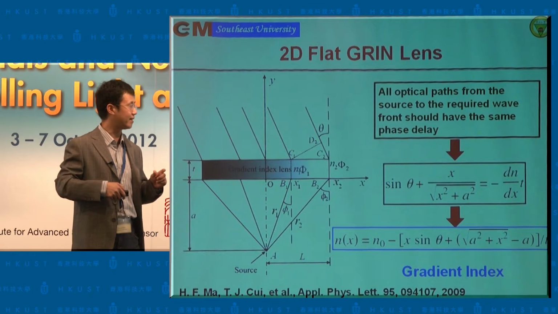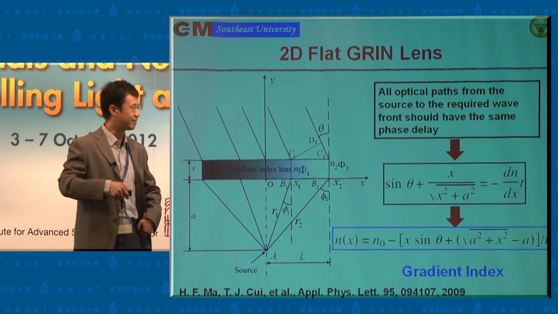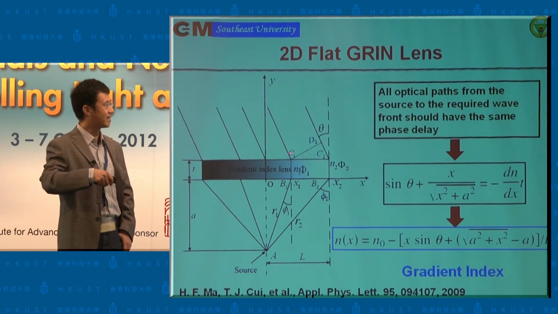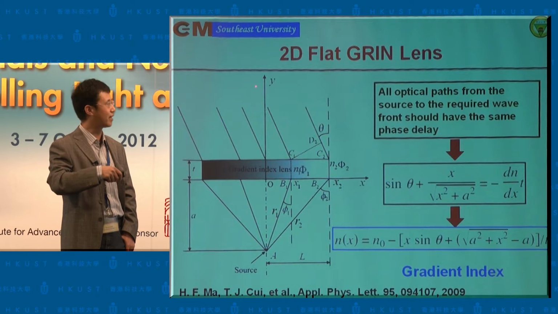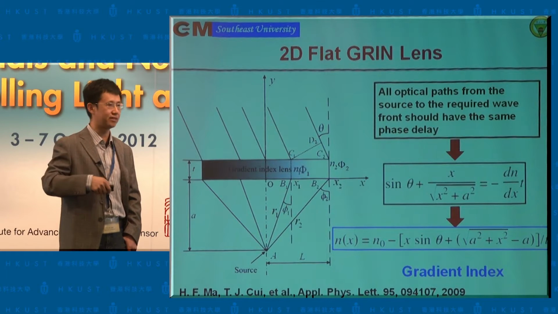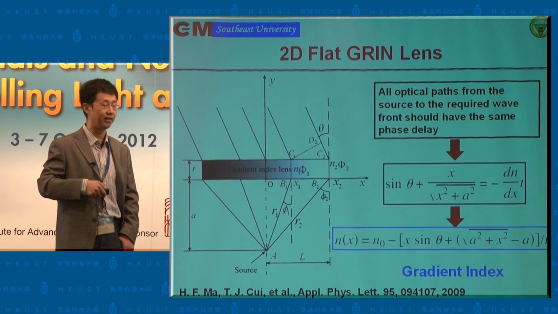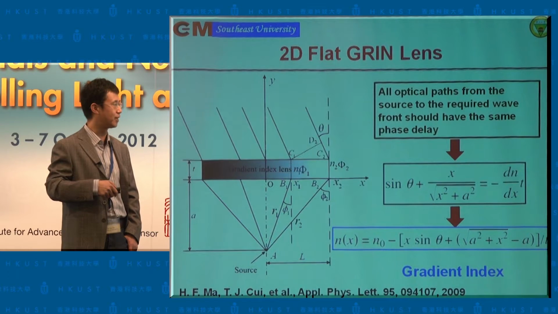Then we can obtain high gain radiation. In this case, we suppose that the beam will be radiated to the theta direction instead of the normal direction. In such a case, we can also derive the required distribution of the index of refraction.